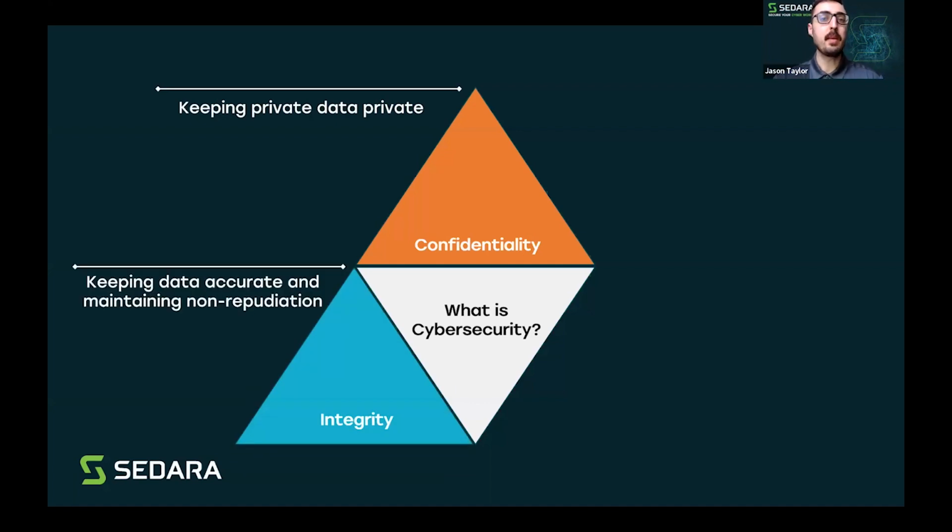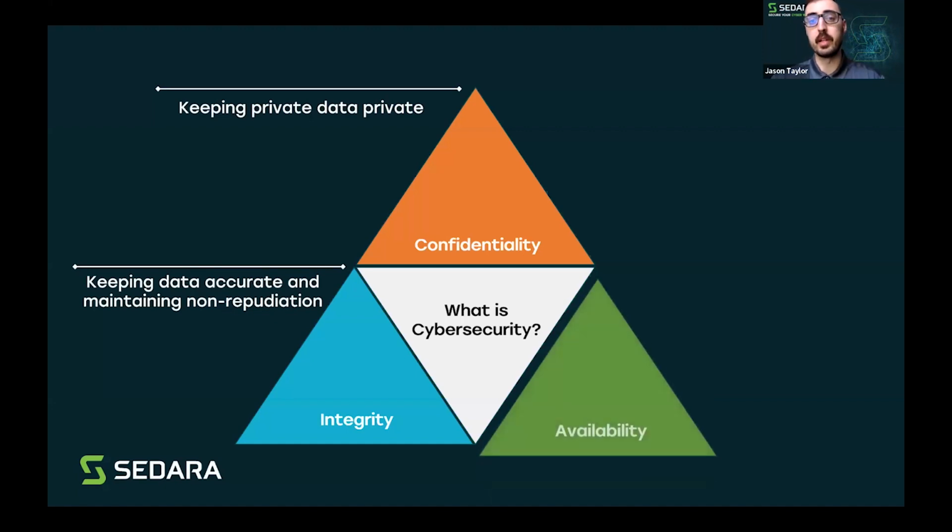This means keeping data accurate and also maintaining the ability to know who touched data and when they did it. This is really important to ensure that malicious actors can't access something without you knowing they were there. The last thing is availability.